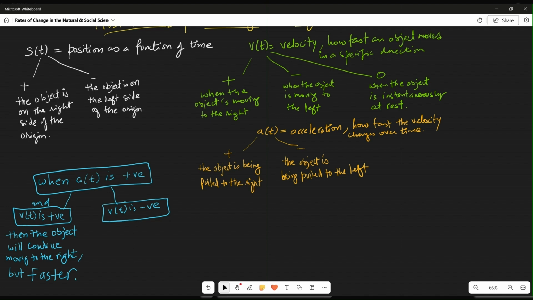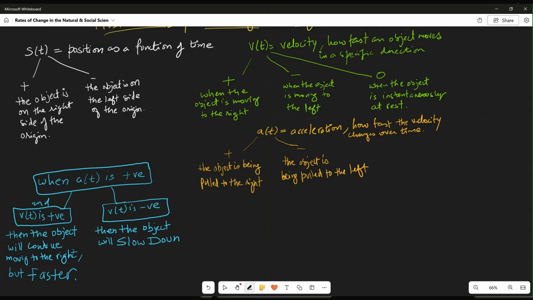When acceleration is positive and velocity is negative, can you guys guess what it tells? Then the object will slow down. Why does it slow down?